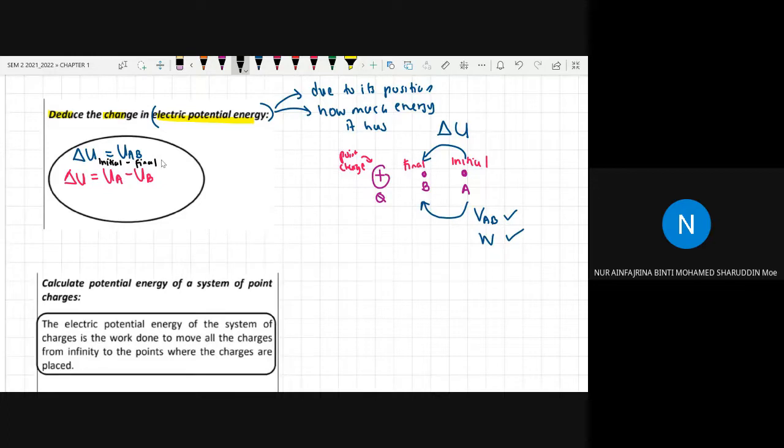Okay. So, the next one. Ini adalah untuk change in potential energy. Okay, the next one adalah kita tahu change in potential energy, Miss akan buka dia.